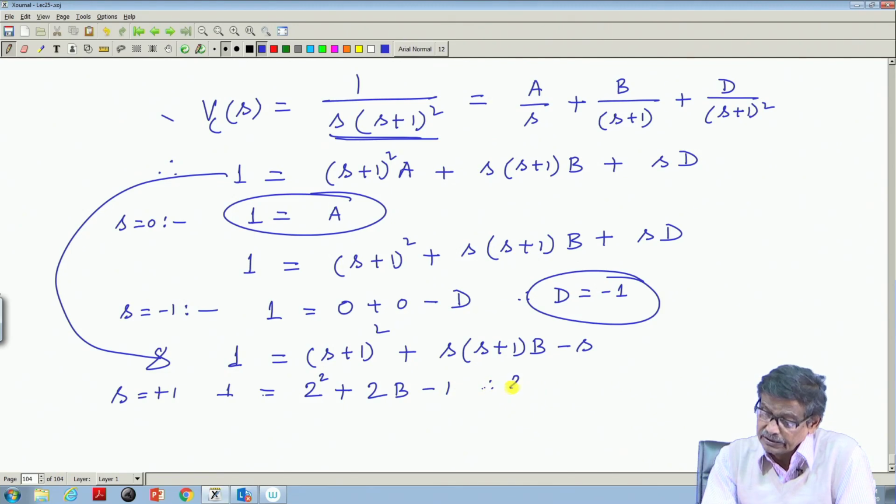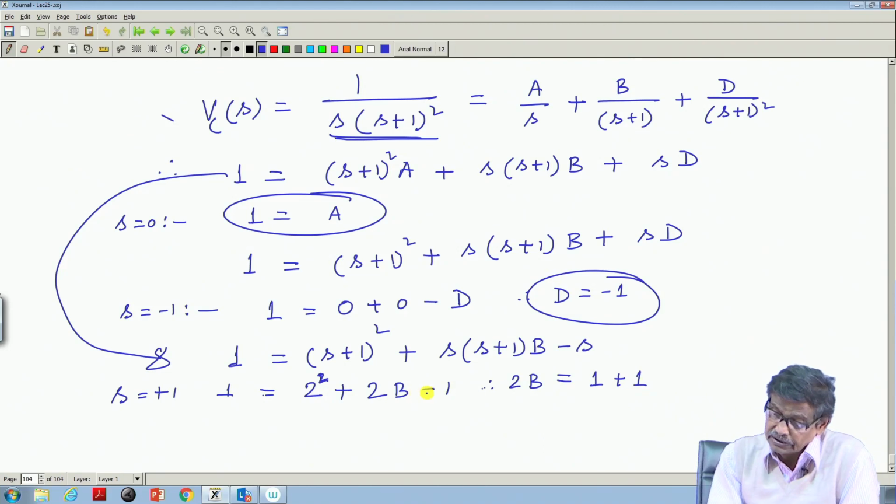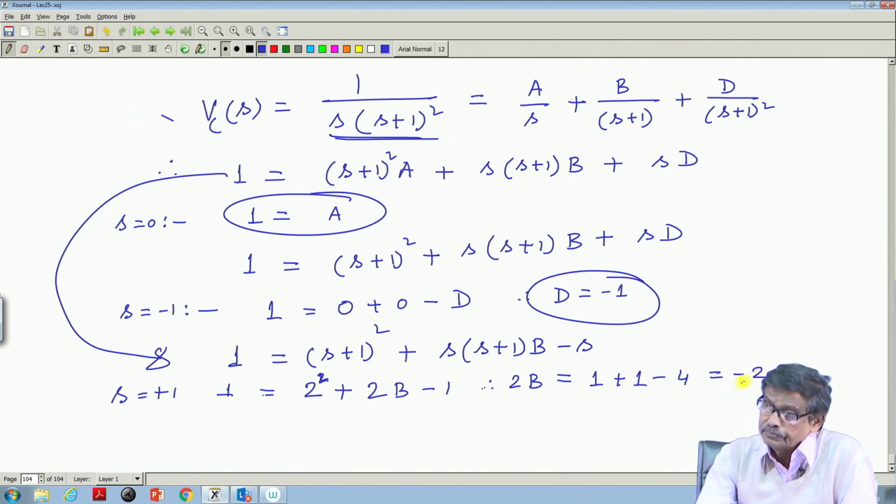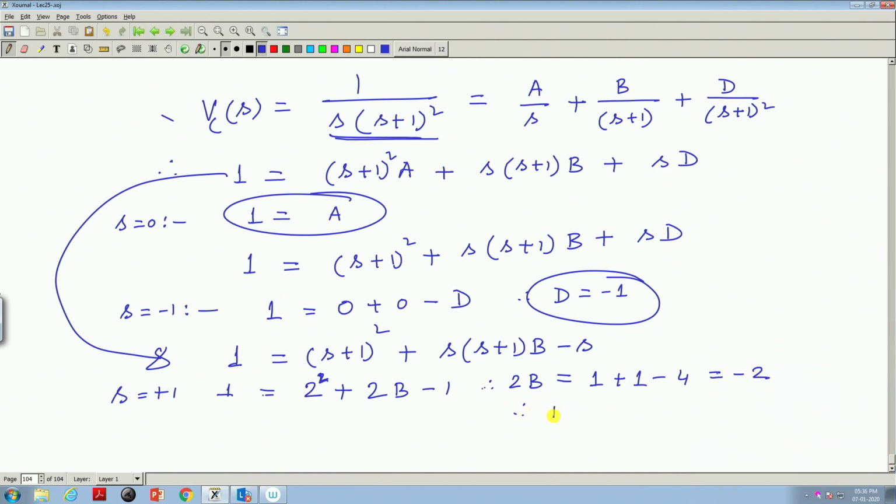Therefore, 2B equals 1, this one you bring to this side, minus 4, and this will be equal to minus 2. Therefore, B will be equal to minus 1.